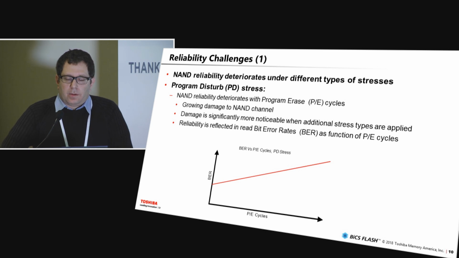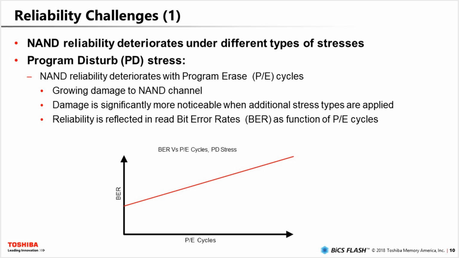So a little bit about the different stress types that we see on NAND devices. NAND devices deteriorate under different stresses. The first, most trivial one is program erase cycles, or program disturb stress. The more program and erase cycles a NAND cell undergoes, the more damage it undergoes. Each cycle has additional damage.